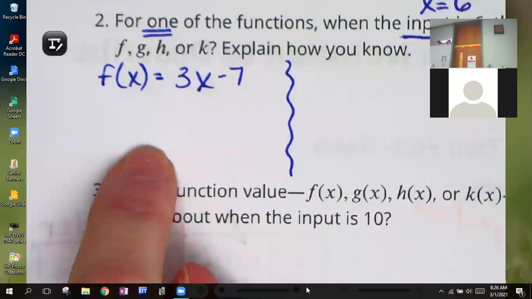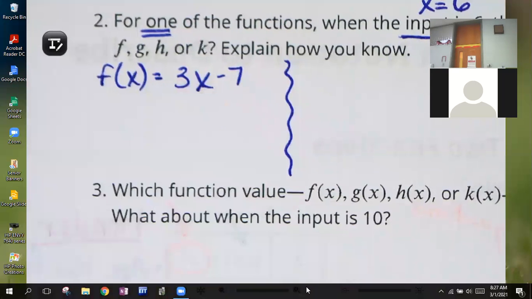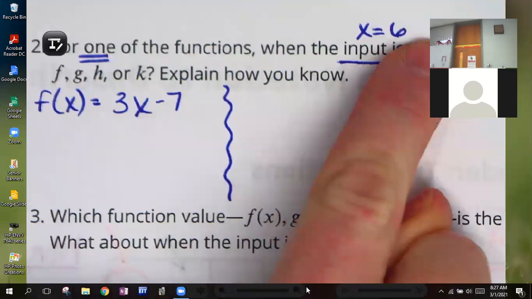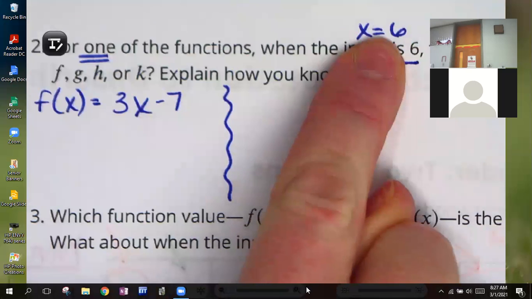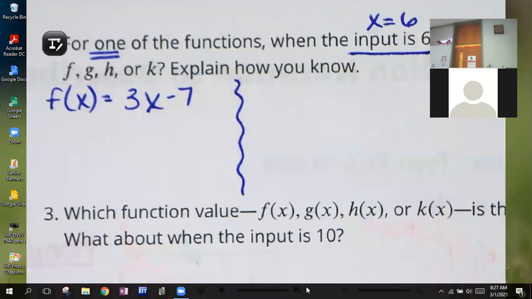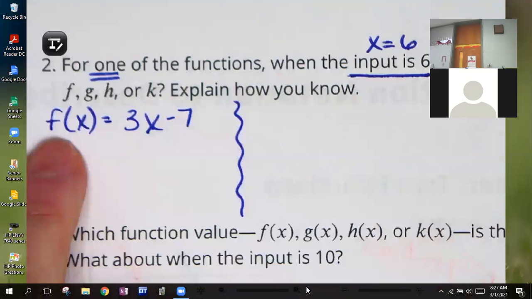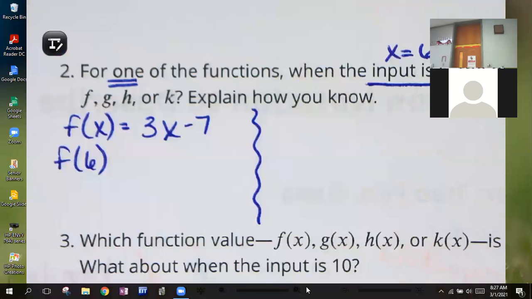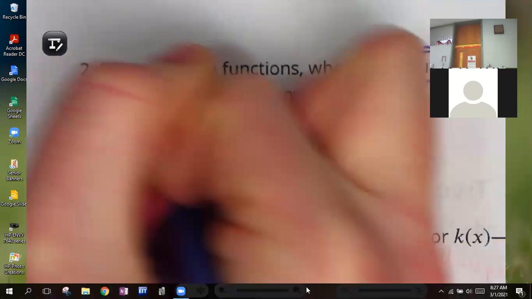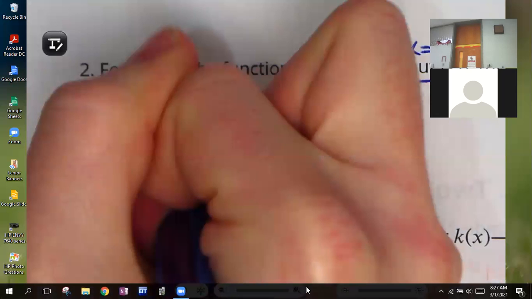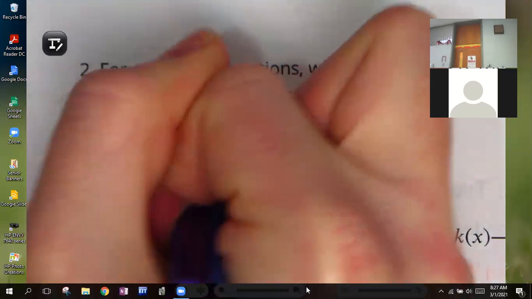So again, I got this function from number 1 on the other page. So we have an equation. We have a variable. We've already said we're going to plug it in. Now we plug it in everywhere we see an x. So it goes from f of x to f of 6. And that equals 3 times 6 minus 7.